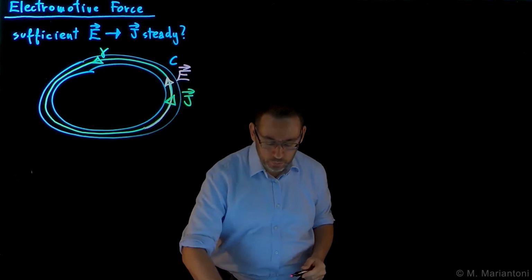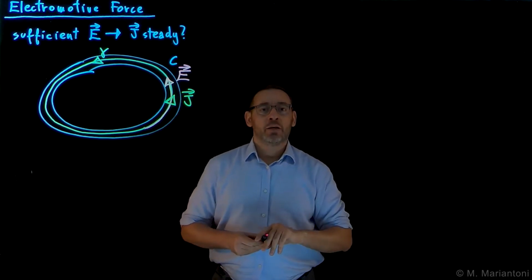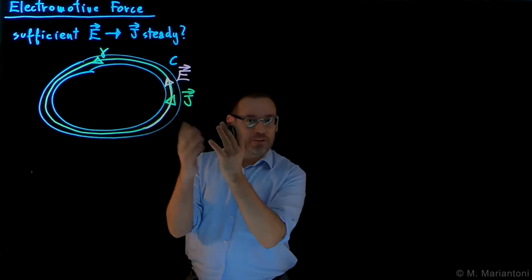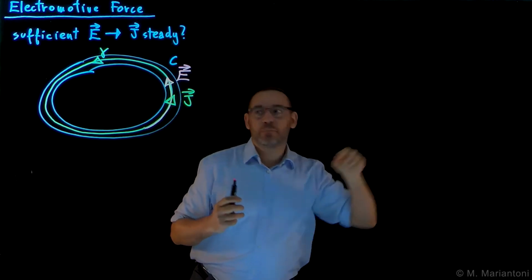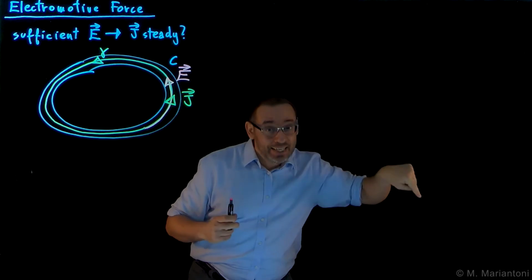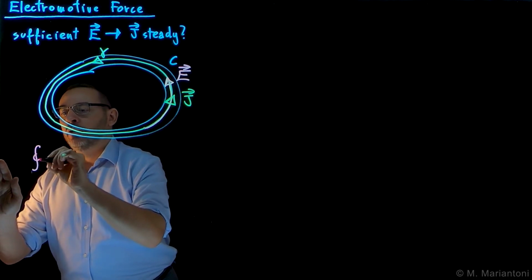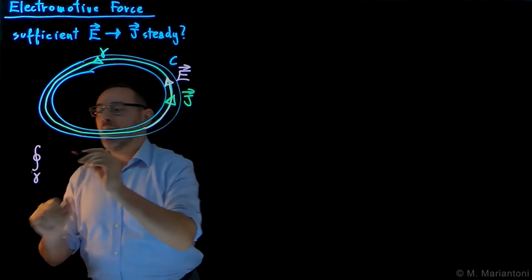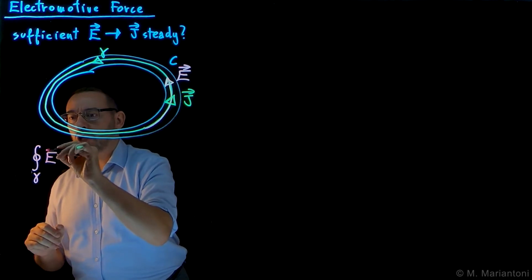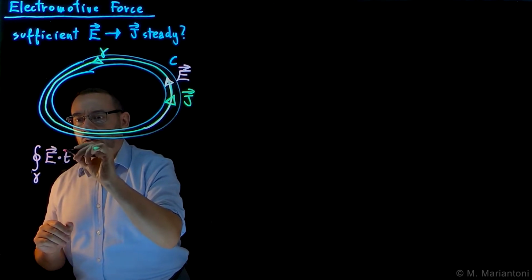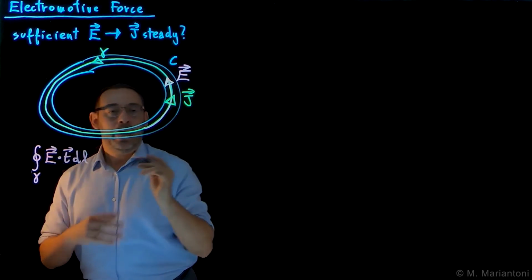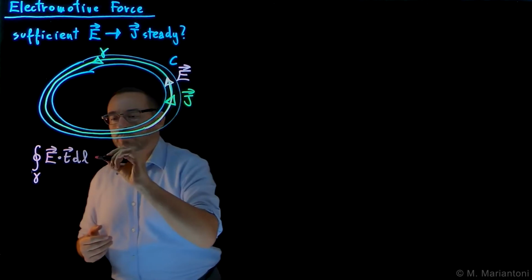Well, we know that for steady currents, the irrotational property of the electric field holds. Remember that now we don't call it static because we are in dynamics, but it is still a steady current. So we know that the circulation along a closed line such as gamma of E dot dl has to be equal to 0.